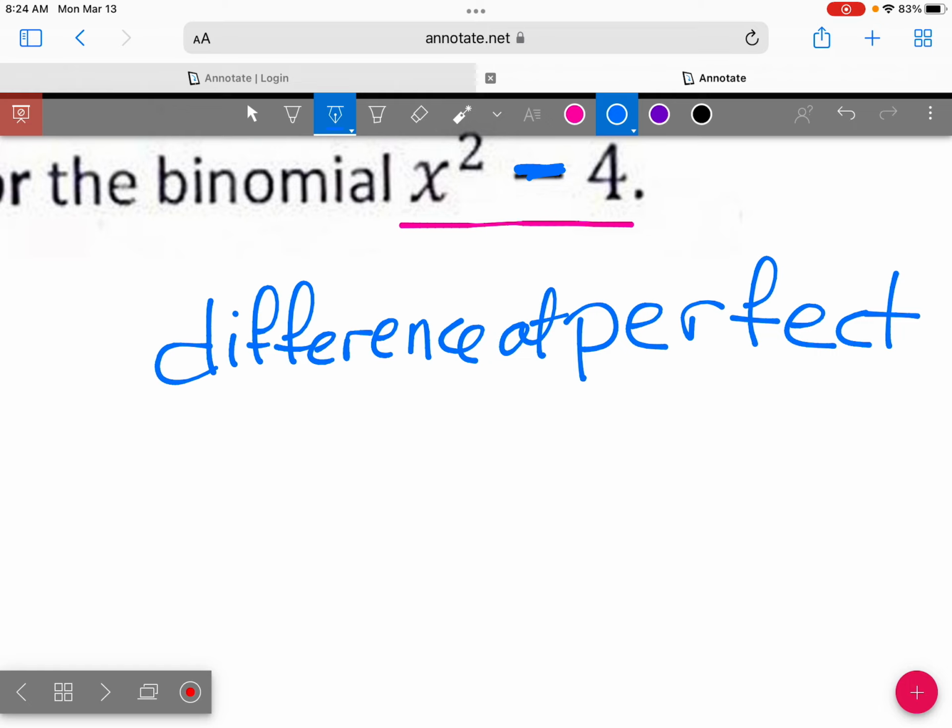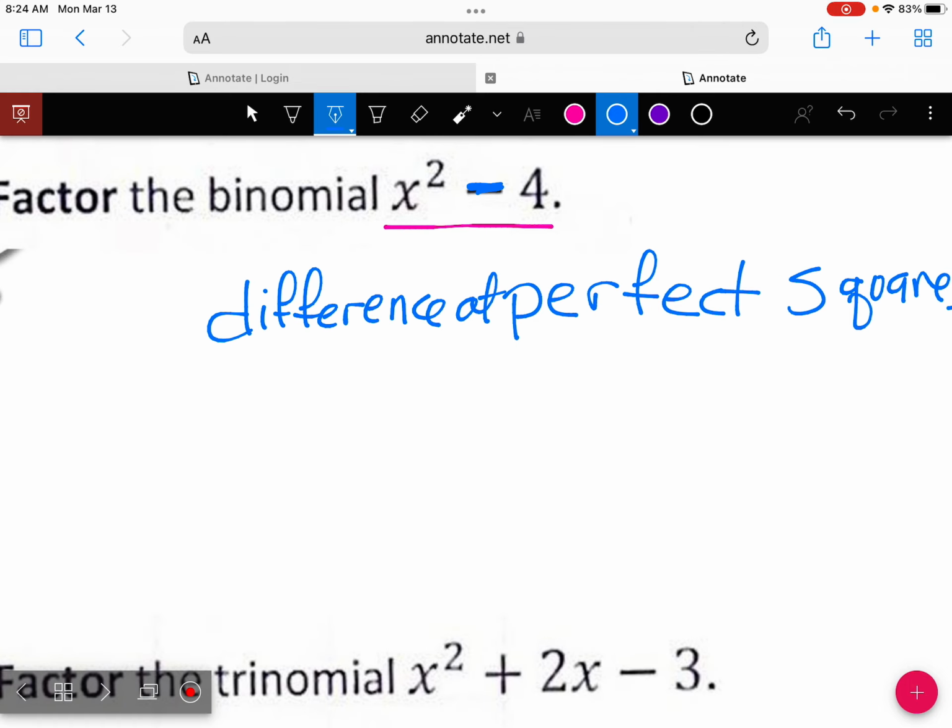It's a difference of perfect squares. Difference of squares. And that means if we remember the special pattern, we get to take shortcuts. We love a shortcut. If we don't remember the special pattern, that's okay. 100% still works to X and box it.